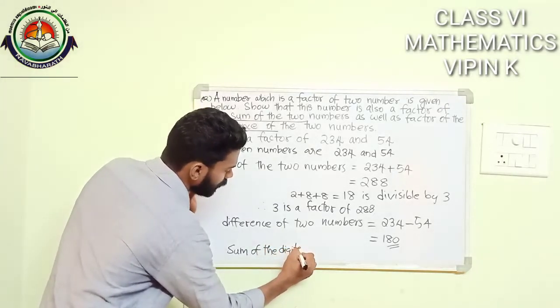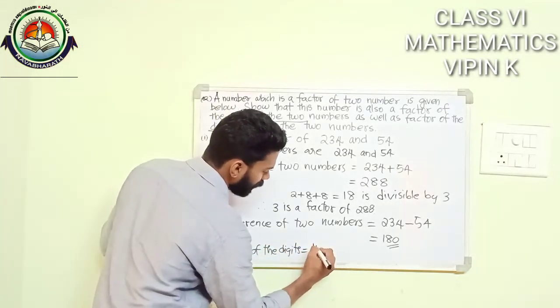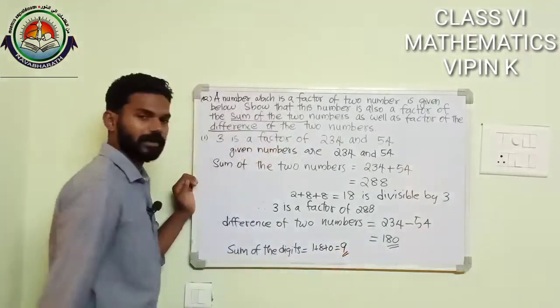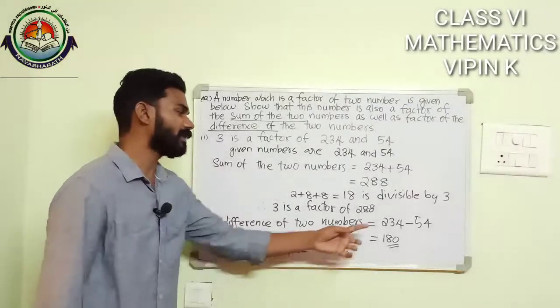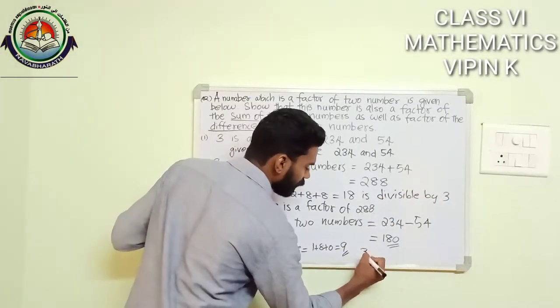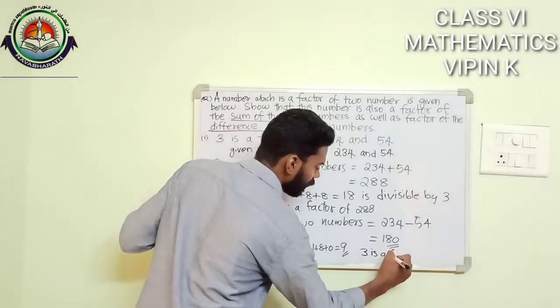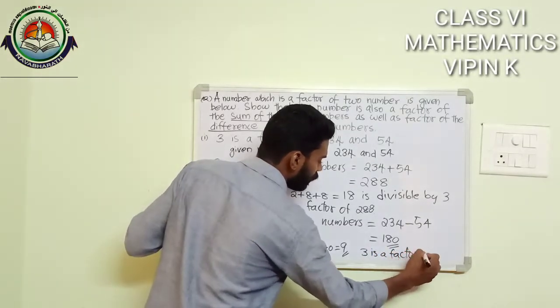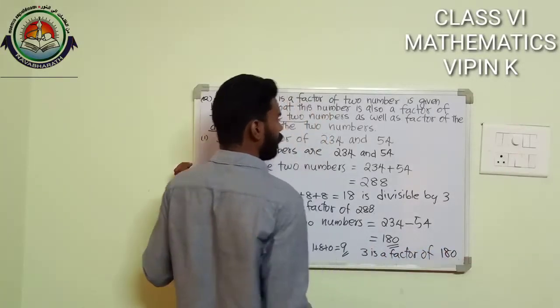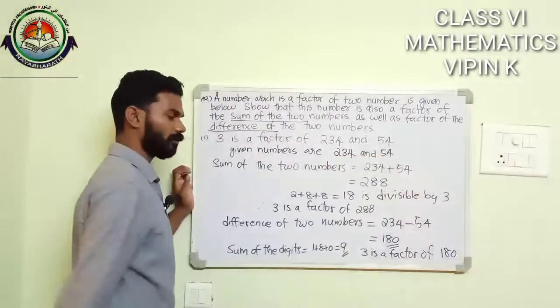What would be the sum of the digits here? 1 plus 8 plus 0, which would be 9. And 9 is divisible by 3. Therefore, we can say that 3 is a factor of this greater number 180, which is the difference of the two given numbers.